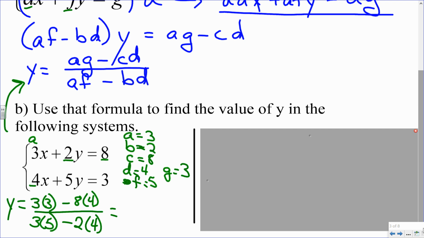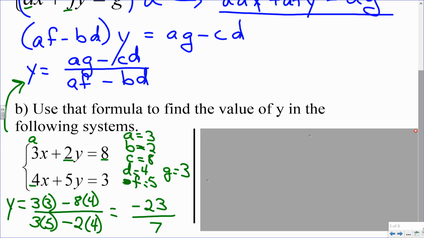So what will that give me? 9 minus 32, how much is that, everybody? Negative 23. And 15 minus 8 is 7. So that we have that.